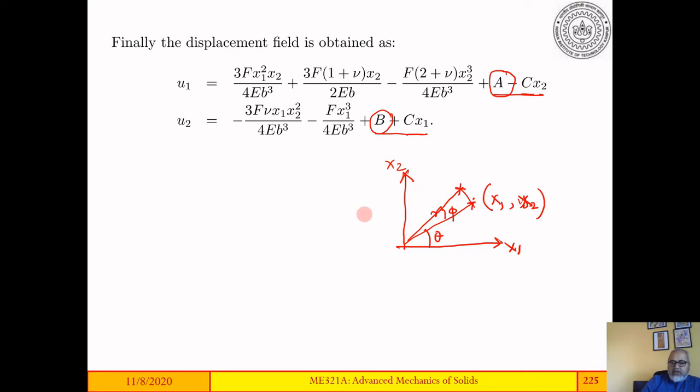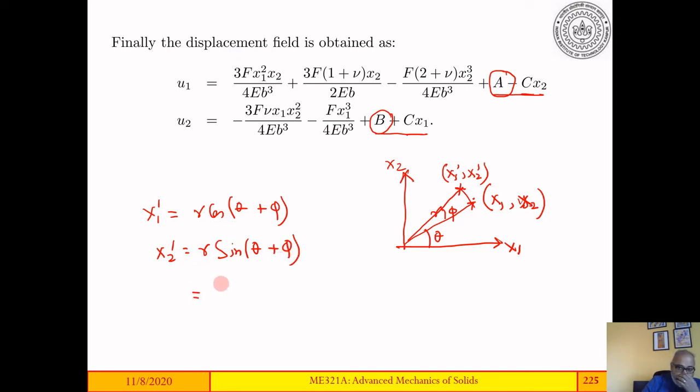Then the new coordinates of the point, x1 prime is r cos(theta plus phi), and x2 prime is r sin(theta plus phi).